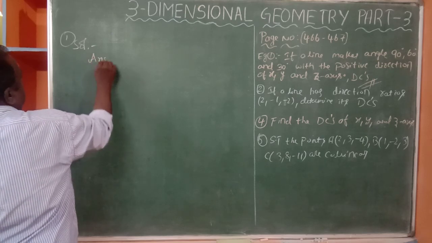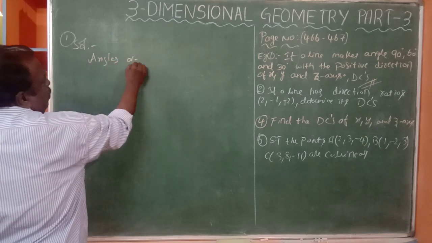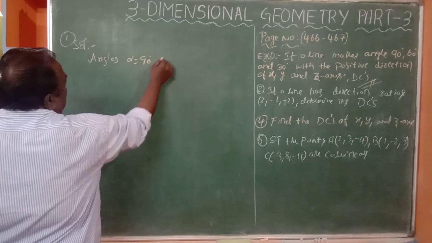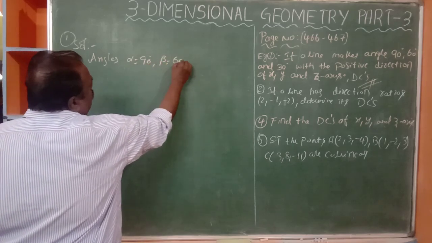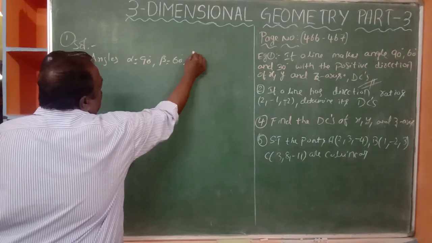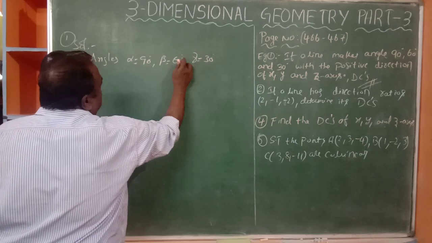Angles are alpha equal to 90 degrees, beta equal to 60 degrees, gamma equal to 30 degrees.